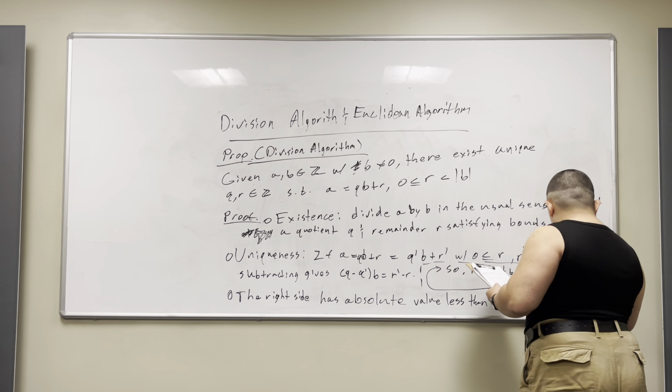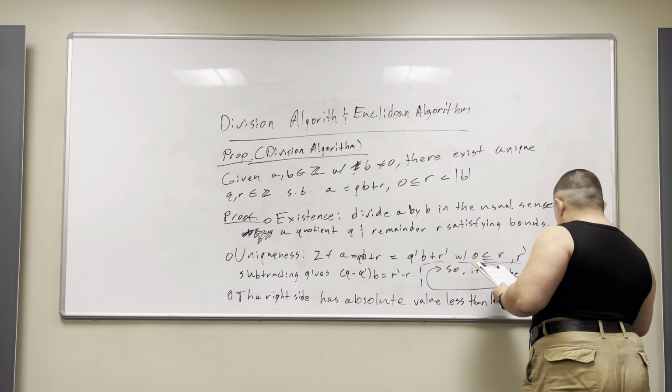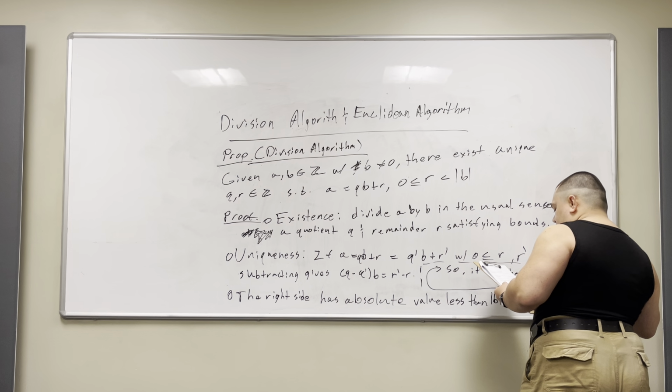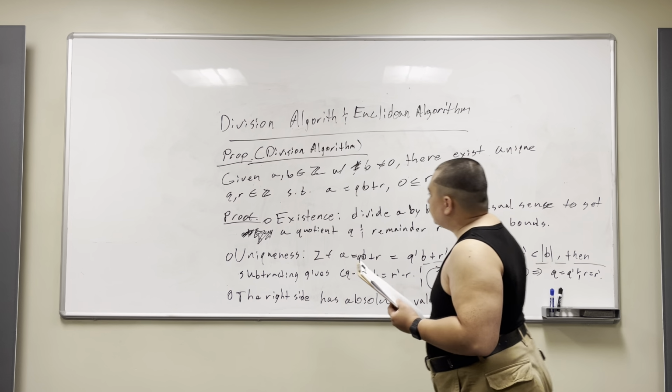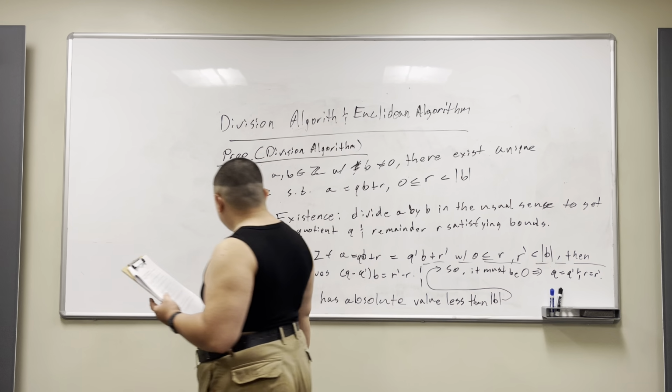Ergo, q is equal to q prime and r is equal to r prime. Uniqueness. Existence and uniqueness. Now let's see a calculative example of the division algorithm in practice.